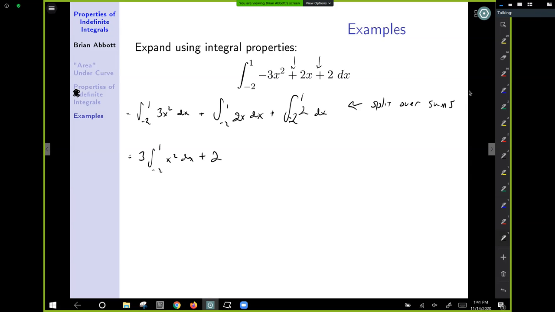Plus pop that 2 out in front, the integral from -2 to 1 of x dx, plus you could factor out that 2 and be left with the integral of 1 dx. Here again, I'm putting quotes because you're not actually factoring it out. It's factoring through. But again, intuition, constants. And we've expanded it as far as we can using the properties that we have.